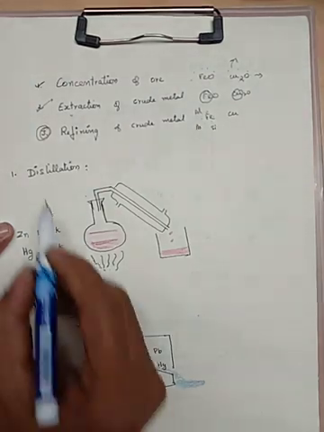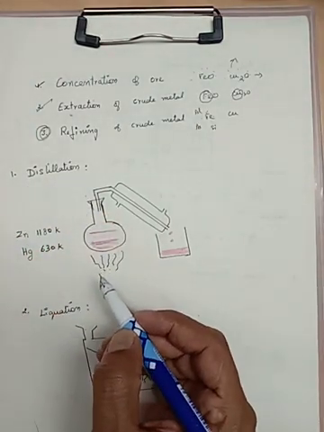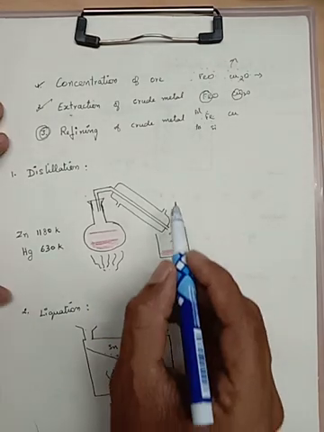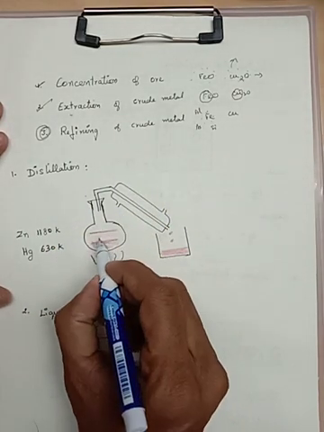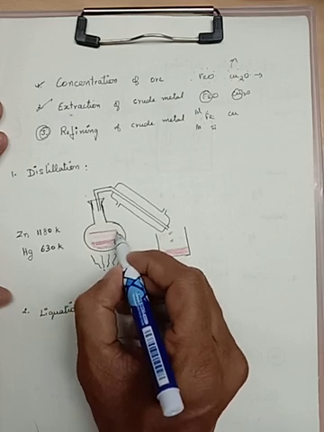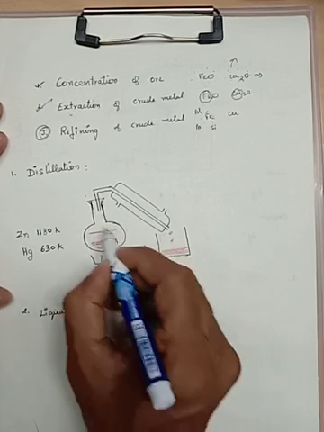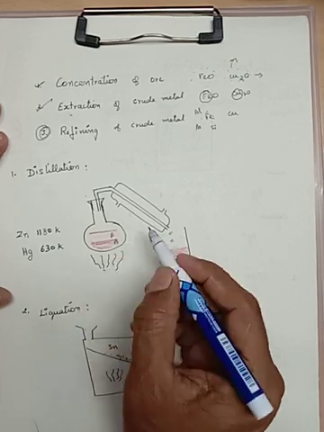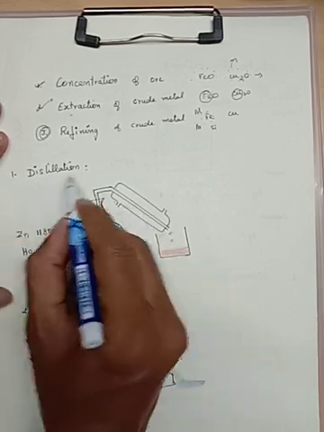These are a few methods. The first method is the distillation method. You can see it in the book. This method is employed for low boiling, volatile metals like zinc and mercury. In this method, the impure metal is heated and evaporated. Distillation means when two substances, say A and B, are mixed together, I want to separate them through this method called distillation.